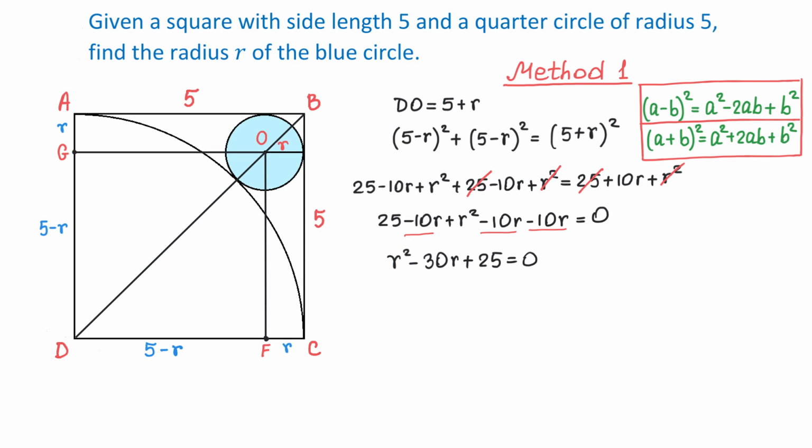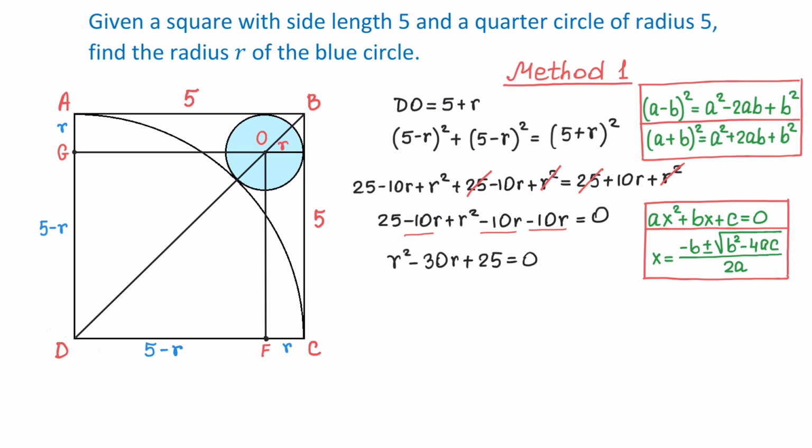To solve this equation, we will use the quadratic formula. So if we have an equation of the form ax squared plus bx plus c equals 0, then the quadratic formula is x equals negative b plus or minus square root of b squared minus 4ac all over 2a.